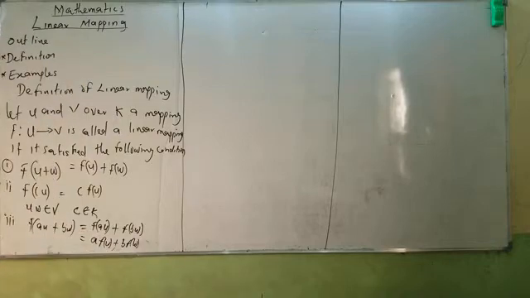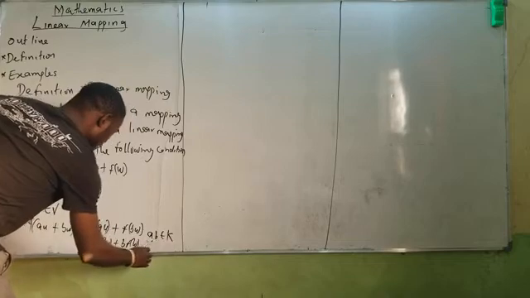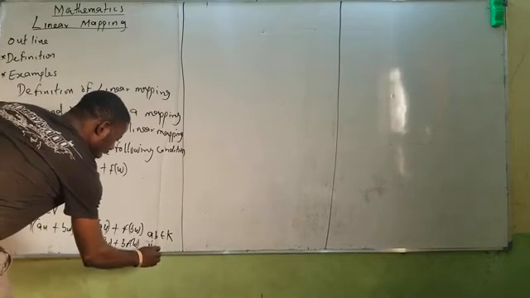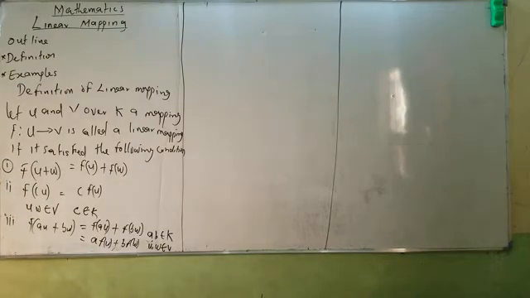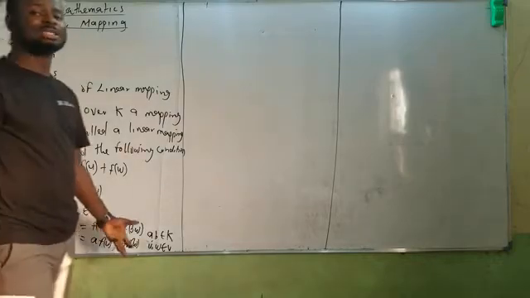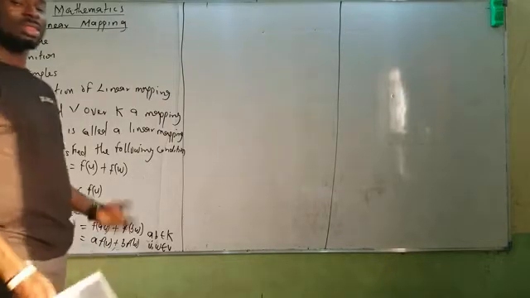Don't forget, a comma b belongs to scalar, and u comma w belongs to vector. If it satisfies these 3 conditions, it means that such a map can be referred to as a linear mapping.